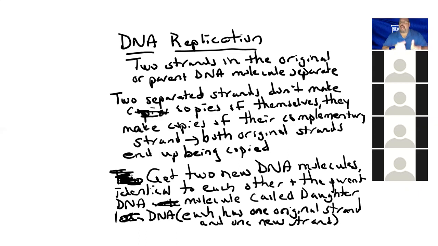The new strand is the copy of the complement the original made. So the original strand makes a new complement, and then they become hydrogen bonded to each other. It's not as simple as that, of course, but that's essentially what occurs in DNA replication. One of the mistakes students commonly make is thinking that the original strands make copies of themselves. No, the original strands make copies of their complementary strands.